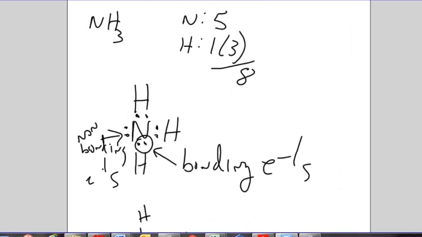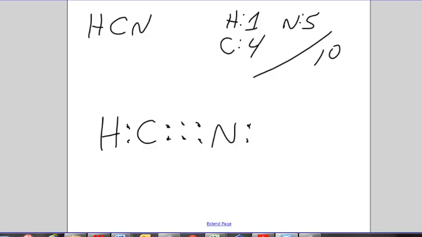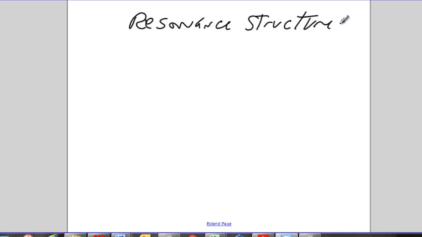Now, the other thing I need to tell you about Lewis dots is something called a resonance structure. The thing about Lewis dot theory, as a bonding theory, it's a quote-unquote simple theory. Not that it's easy, but that bonding is so complicated that this kind of relatively easy theory just doesn't cover it very well.